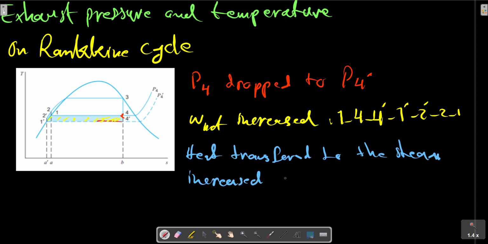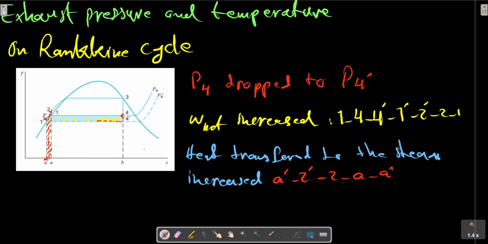The heat transfer to the steam is increased by 2 prime, A prime, 2, A prime. This increases by the area of this area.